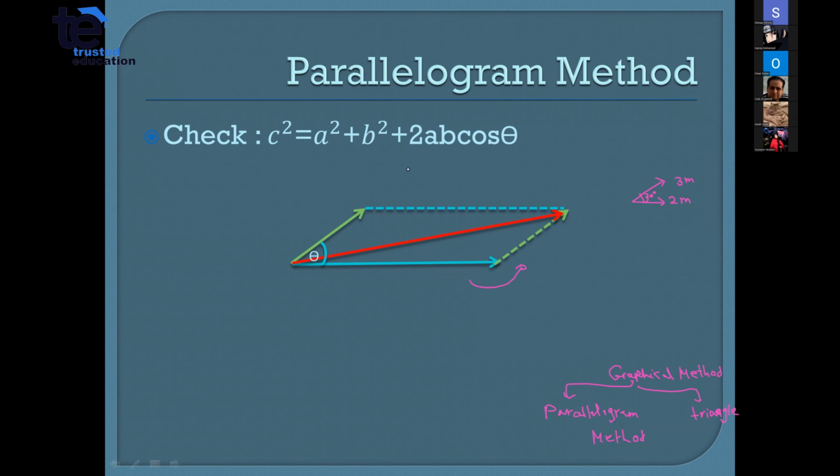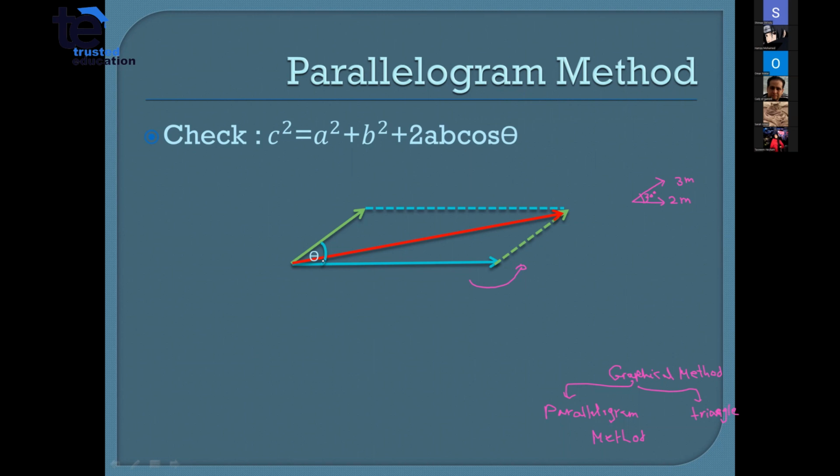How to check it? I can show here the cosine law, but I changed the sign. I will not tell you why I changed the sign into positive, because of some complicated steps in trigonometry.